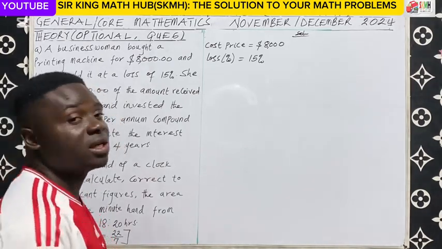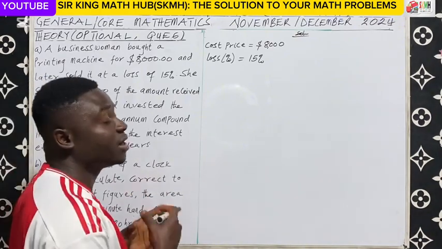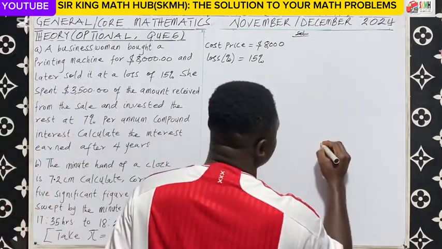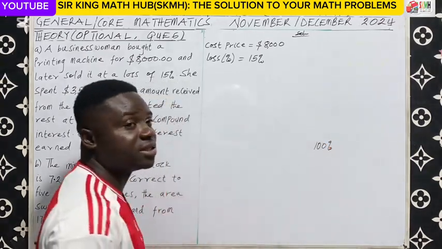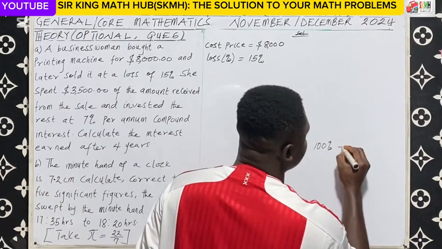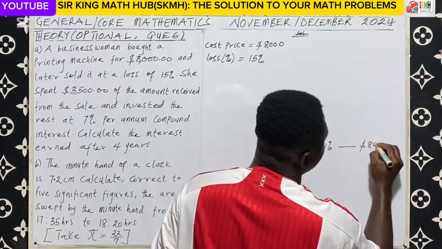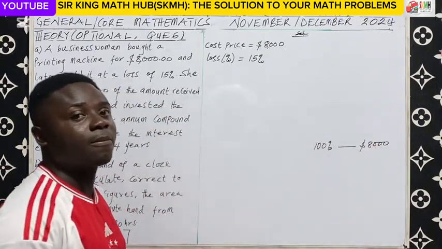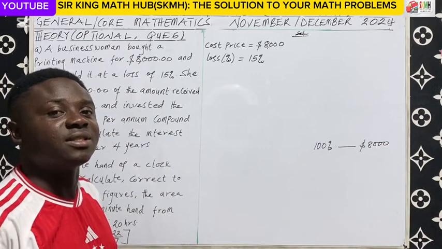So now we know that in percentages, the cost price is equivalent to 100%. So let's take note. In terms of percentages, 100% is equivalent to the cost price, so in this case, $8,000. Now she made a loss of 15%.